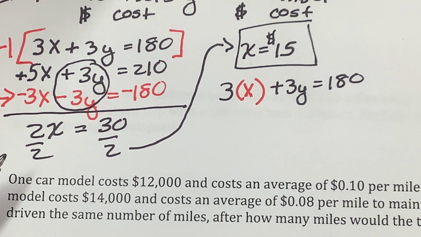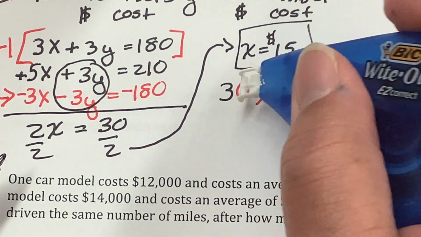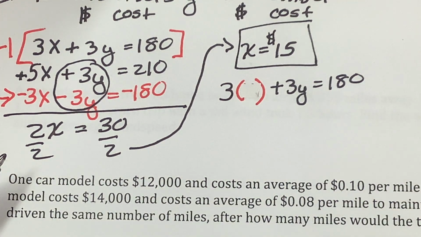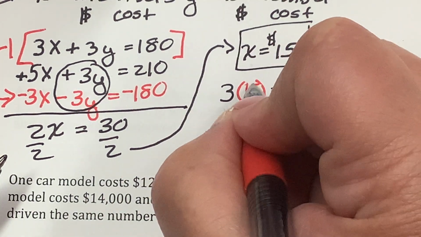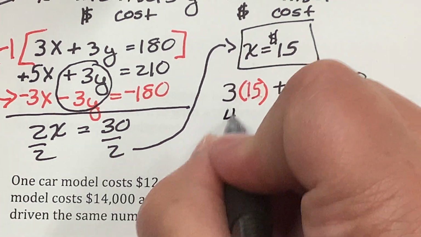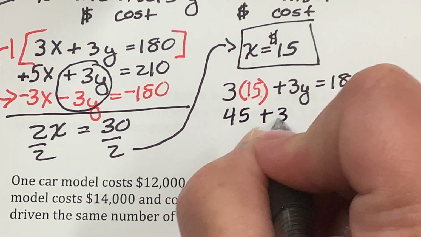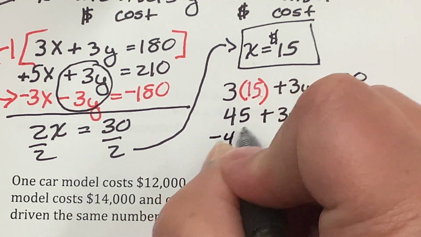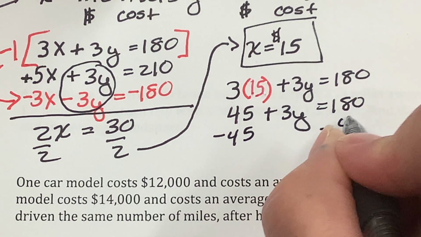Oh, thank goodness for whiteout. Now, where the x was, I'm putting 15. Well, 3 times 15 is $45. Plus 3y equals 180. Minus the $45 from both sides.